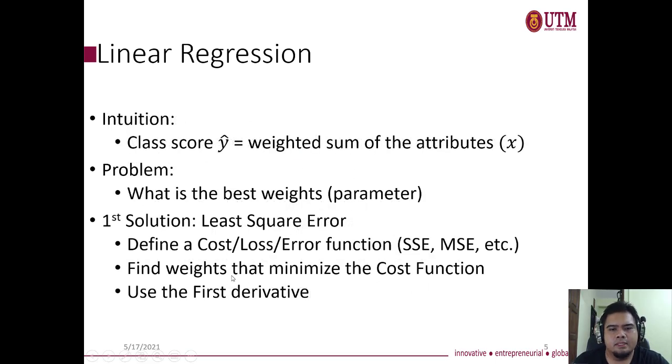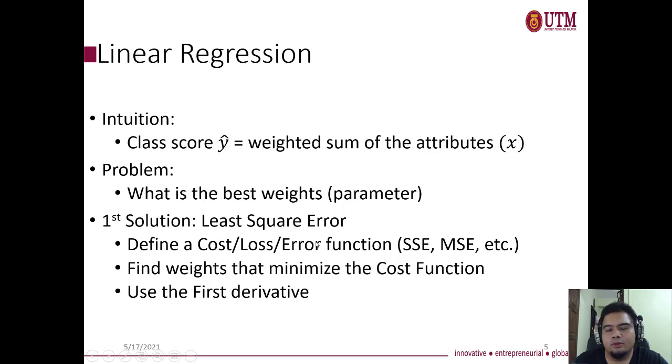And then I already stressed the cost function. Later you will see we do not always use the word cost function. Sometimes you can also call it an error function or loss function.